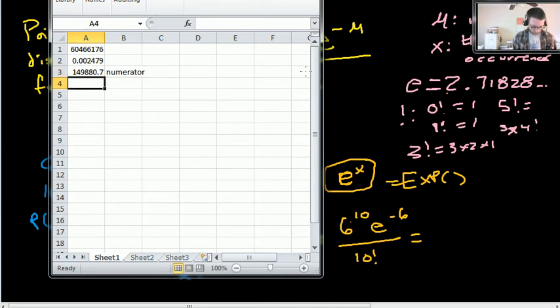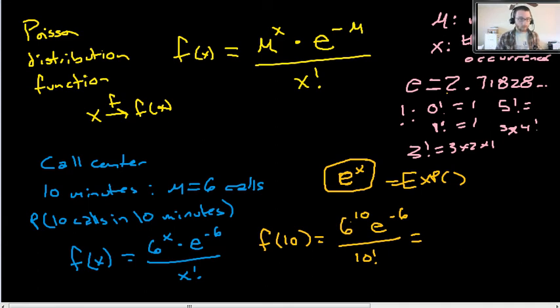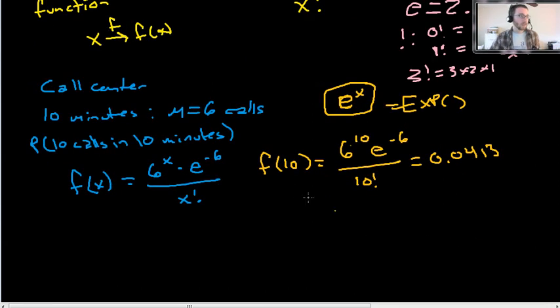Now we have our denominator, another big number, which gives us our f of 10. It's going to be our numerator divided by our denominator. 0.041303, a 4.13% chance. So 0.0413. All right, that's how you use a Poisson distribution. This is telling us that the probability of getting 10 calls in 10 minutes is 4%.